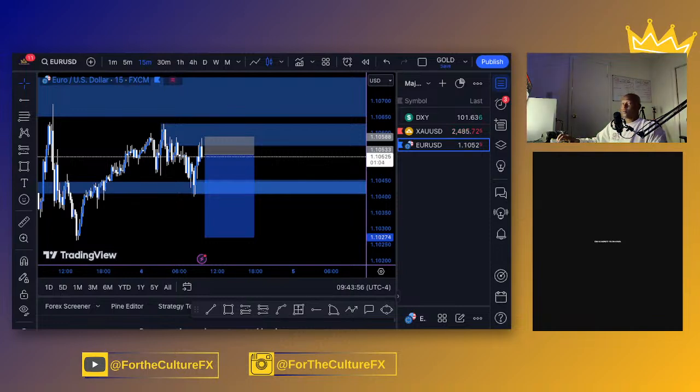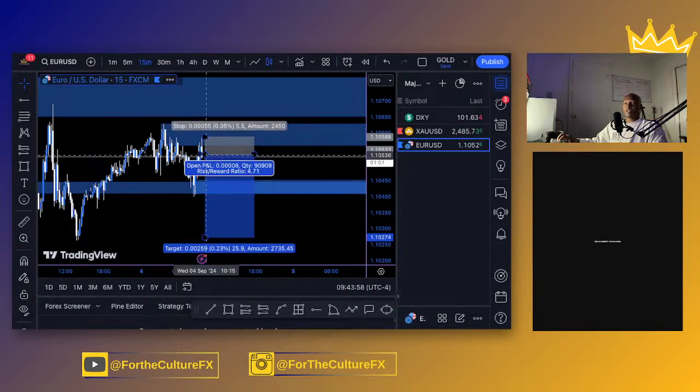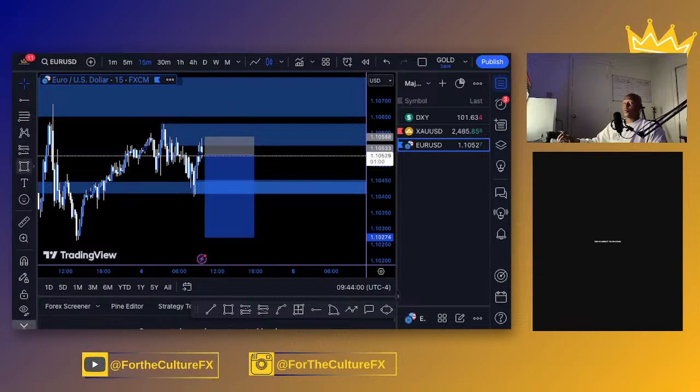Come on now. That should be like a 10 pip stop loss at a 0.5 risk on a 200K. 5 pips, 10, yeah. Okay.